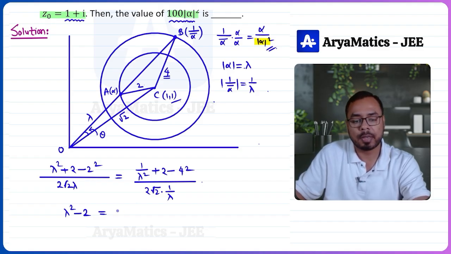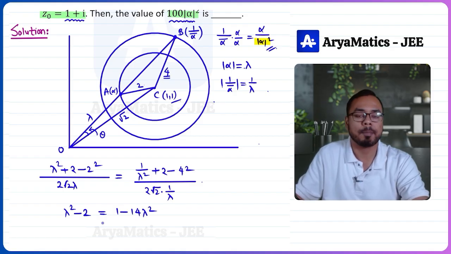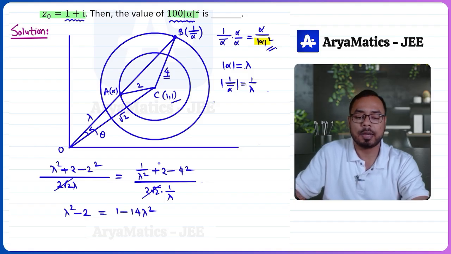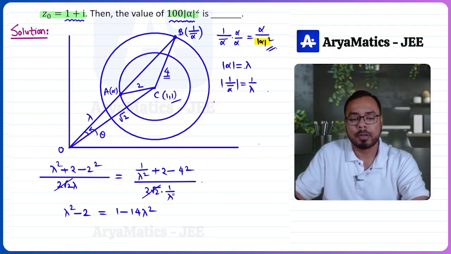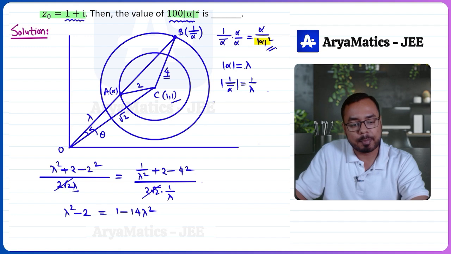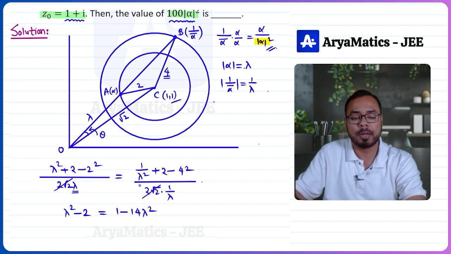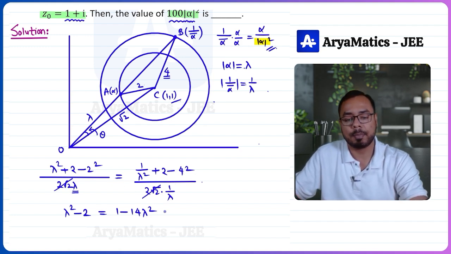So here we'll get 1 minus 14 into lambda square, right? 2 root 2 will cancel from both sides, and on the right-hand side we'll get 1 lambda and another lambda from here, so we'll have lambda square, so 1 and minus 14 lambda square.